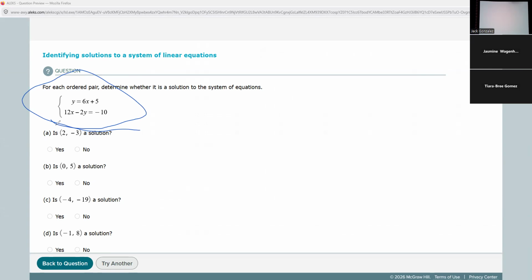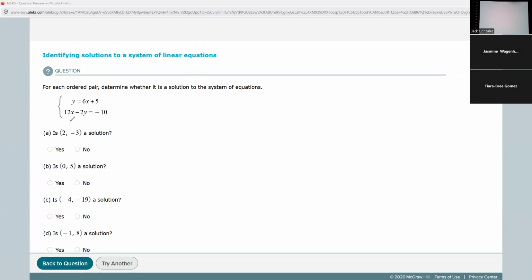Now, if they are parallel lines, then none of them are solutions. If there is a unique solution, then they're going to intersect one time, so only one of these would actually work. Once you find one of them, only one can be true and the rest would be no. And if they're on top of each other, then you have infinite solutions, so more than one could be possible from the list.